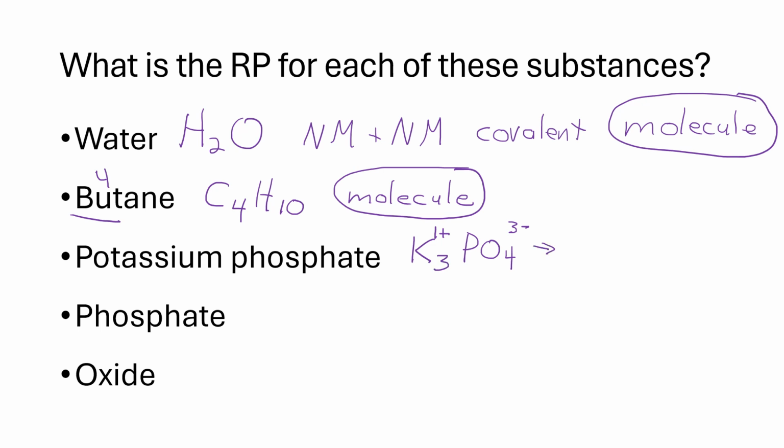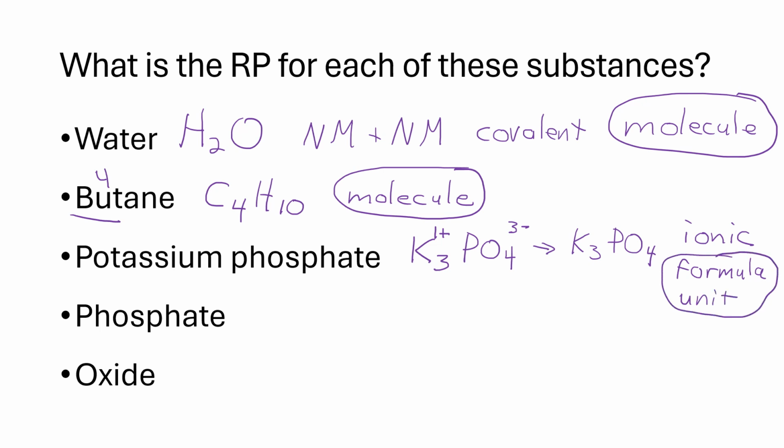So cleaning that up, we've got K3PO4 being an ionic compound. The representative particle for an ionic compound is a formula unit. And there we go, formula unit for this one.